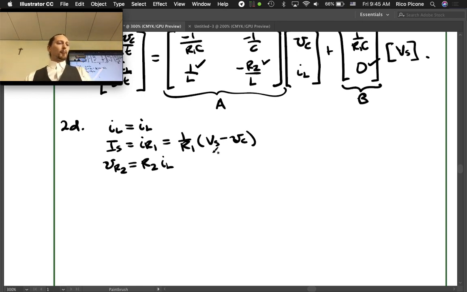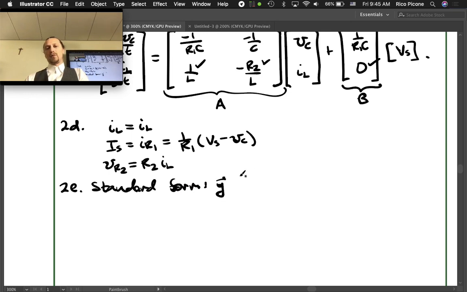So we've got just standard form left. So the standard form of the output is y equals Cx plus Du.